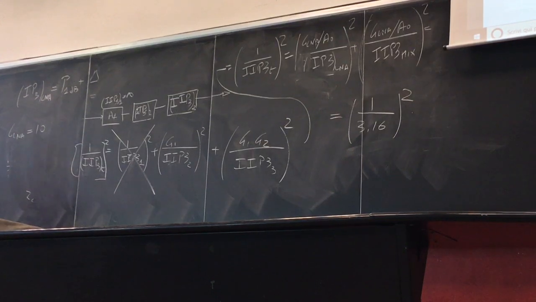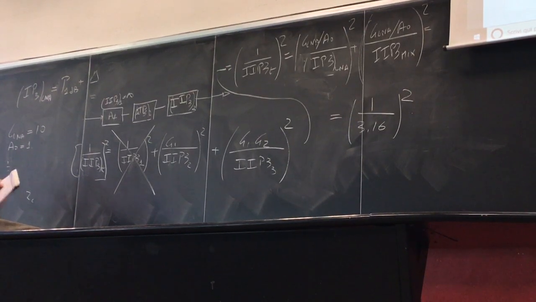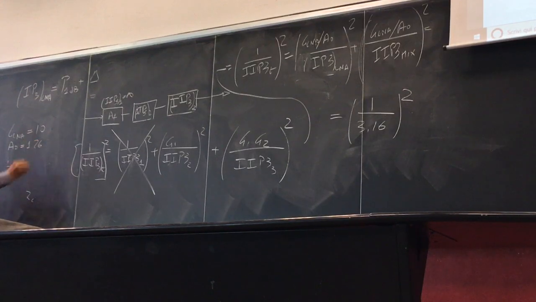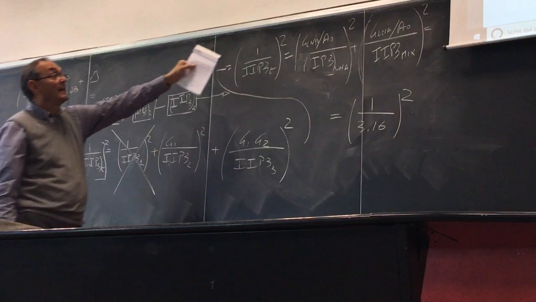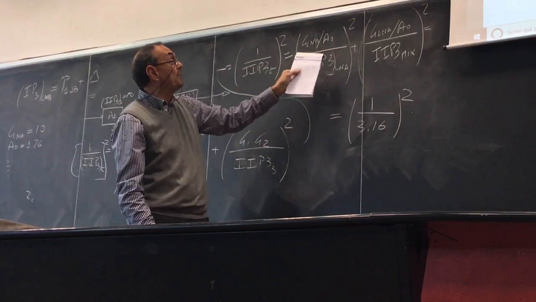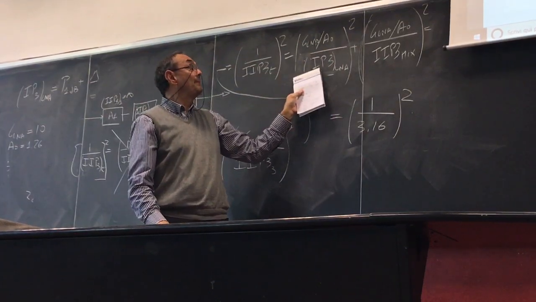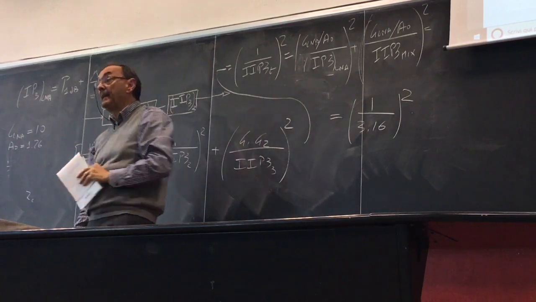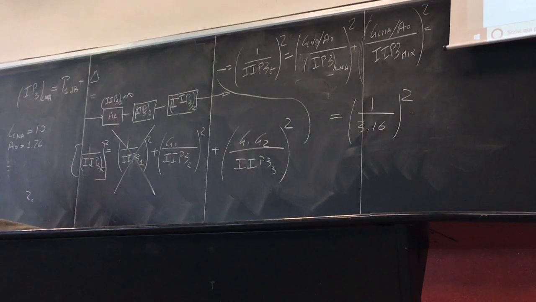And A0 is equal to 1.26. These are natural units, and then I can replace this here, and I have an equation where there are two unknowns, IIP3 and IP3 LNA. Well, now we have to assign one value and obtain the other from this equation.